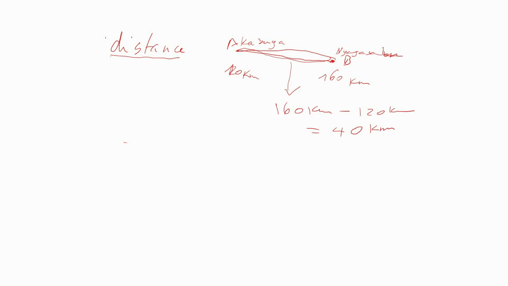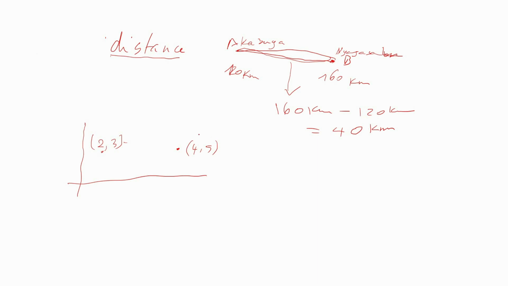Now you can reach Kabuga, for example, and you find that on your road is written 120, because maybe it is referred from Kigali. When you reach Nyagasambu, you find now it is written 160. It is by estimation, not the real distance. Now, how can you know the distance between Kabuga and Nyagasambu?